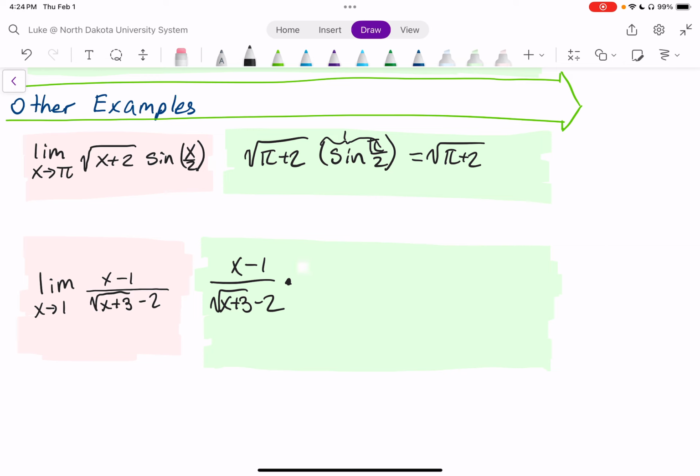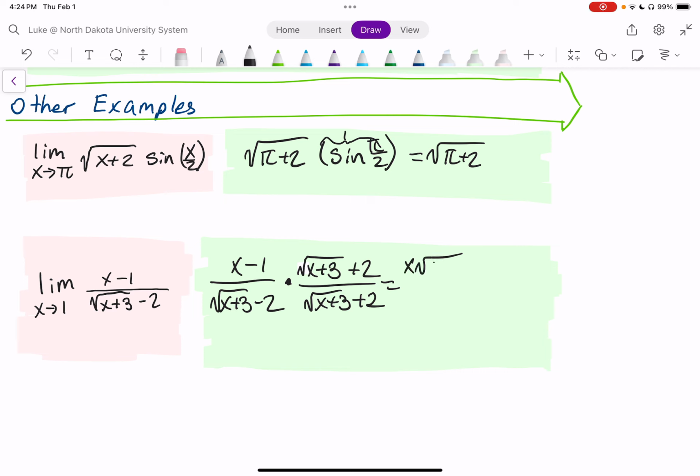Oops, I got an eraser here. Okay, the square root of x plus 3 plus 2, change the sign, square root of x plus 3 plus 2 equals, okay, and I'm going to multiply this all out. It's going to get a little bit messy, but not too bad.